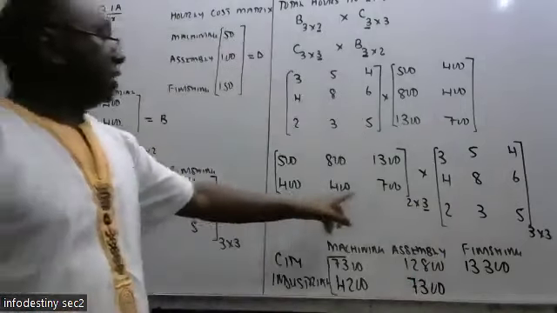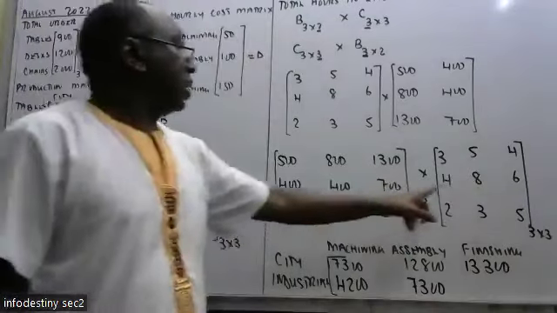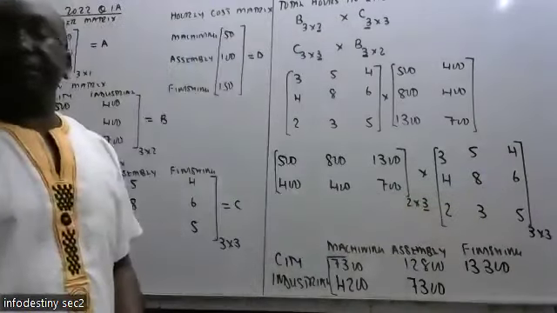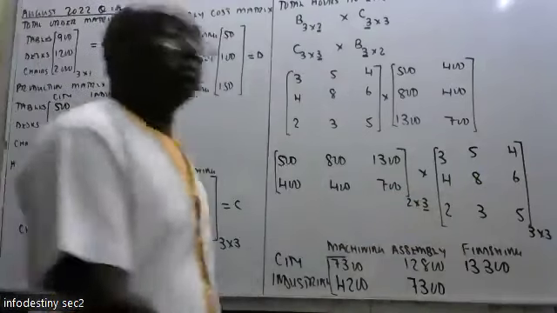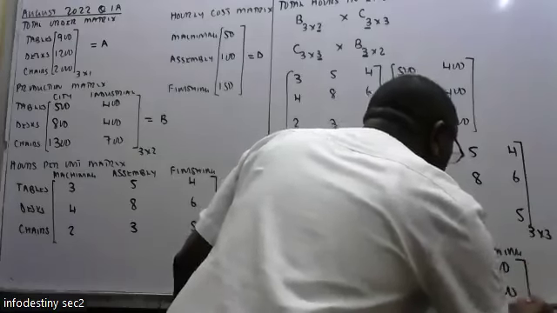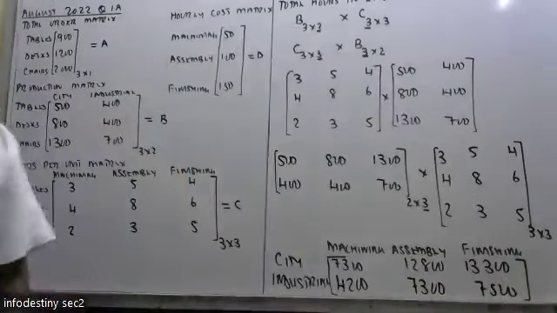The last one, 400 times 4 plus 400 times 6 plus 700 times 5. 7,500. Good.